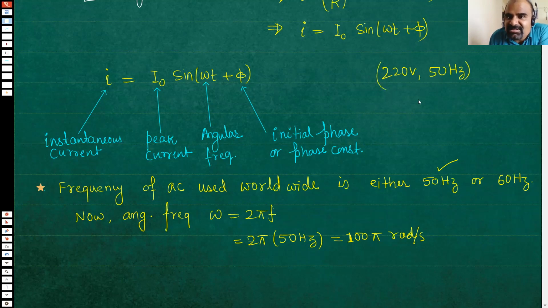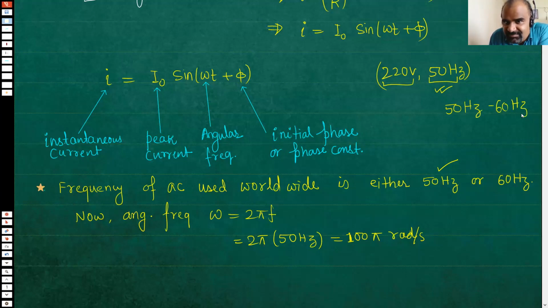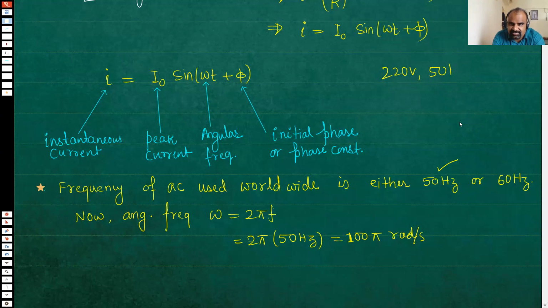That means that particular appliance has to be used at a 220 volt AC source, and the frequency of that AC source should be 50 hertz only. In fact, nowadays the devices being built, like AC and fridge, have a range of 50 to 60 hertz. So they will work till 60 hertz. They have been made in such a manner. Okay, fine. So this was an interesting fact.